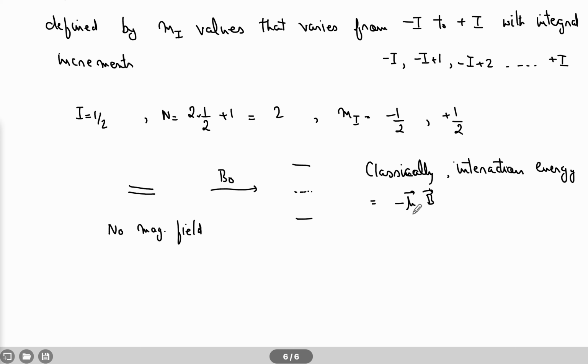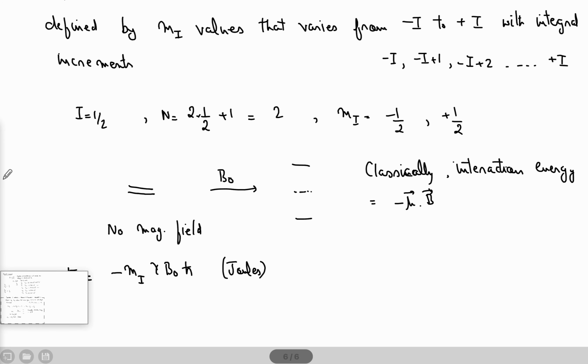Now the quantum mechanical treatment, which we will see later on. I'm not covering the quantum mechanical treatment here, but I'm just giving you the result directly. It tells us that the energy of a state is equal to negative of mI, that's the mI value, times gamma B0 h cross, and the units will be in joules.